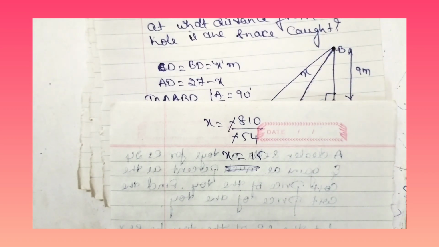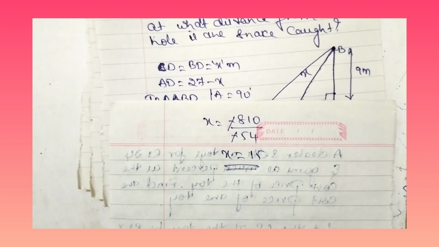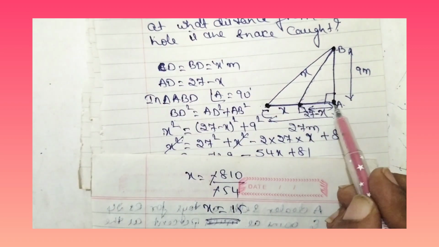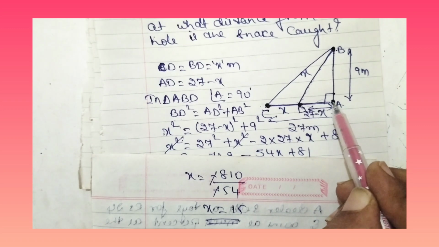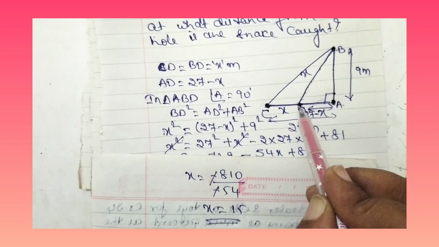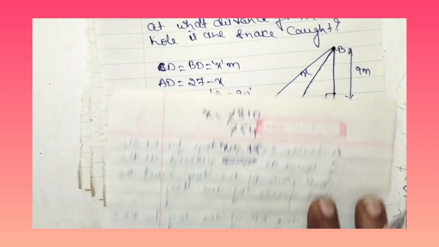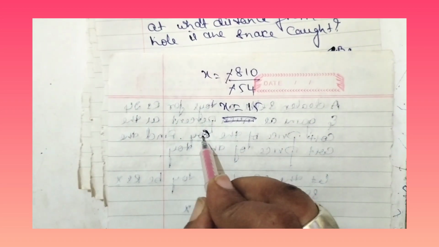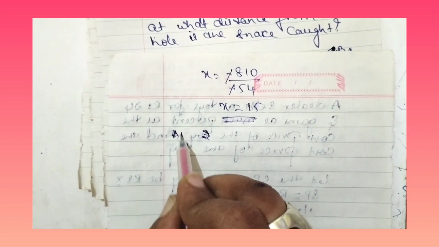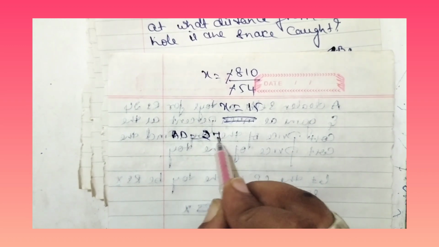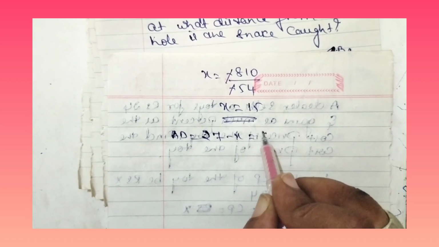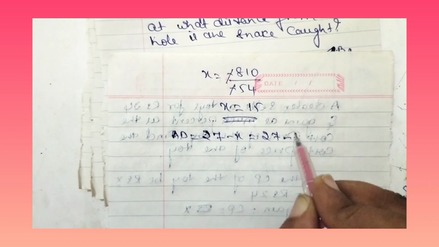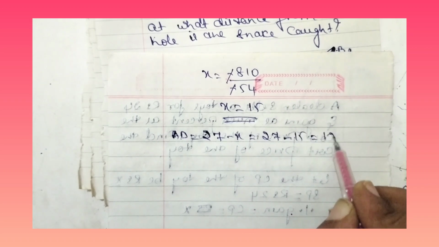So what is x? So we have to calculate. He told that is what distance from the hole is the snake caught. So hole ಅಂದ್ರೆ A position. ಇಲ್ಲಿಂದ ಎಷ್ಟು ದೂರದಲ್ಲಿ ಸ್ನೇಕ್ ಕಾಟ್ ಆಗಿದೆ ಅಂದ್ರೆ ನೀವು 27 ಮೈನಸ್ ಎಕ್ಸ್ ಅನ್ನ ಫೈಂಡ್ ಔಟ್ ಮಾಡಬೇಕು. ಸೊ ದಟ್ ಈಸ್ ಐ ಹ್ಯಾವ್ ಟು ಫೈಂಡ್ ಔಟ್ AD is equal to 27 minus x, which is equal to 27 minus 15, which is equal to 12 meter.